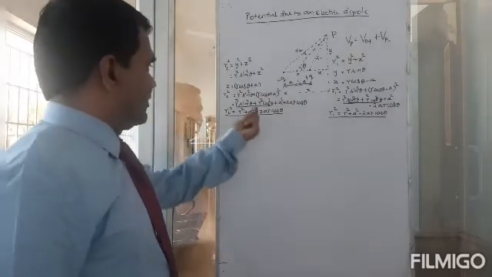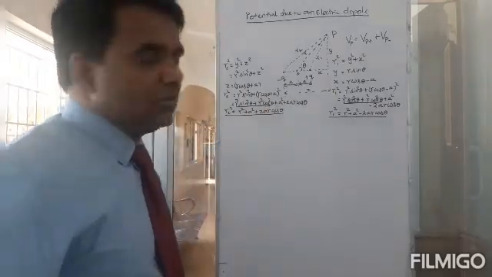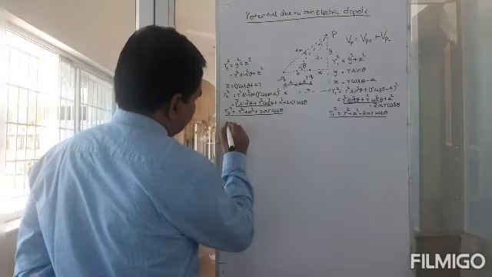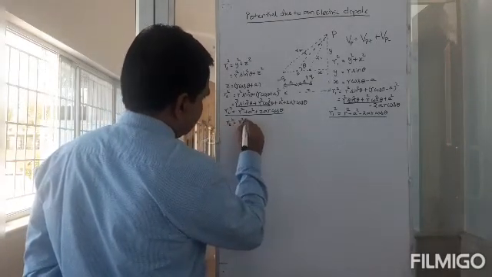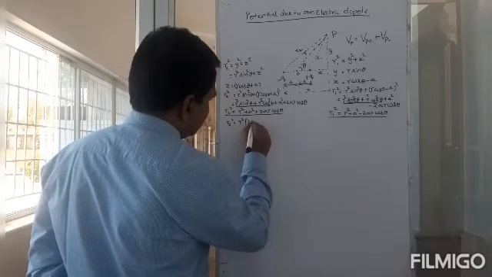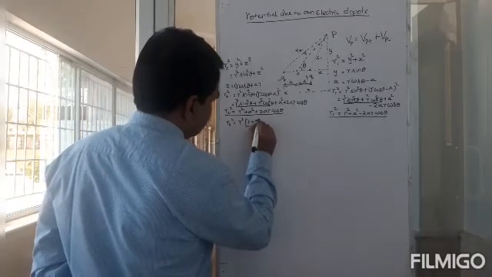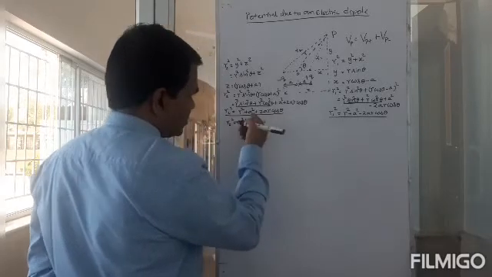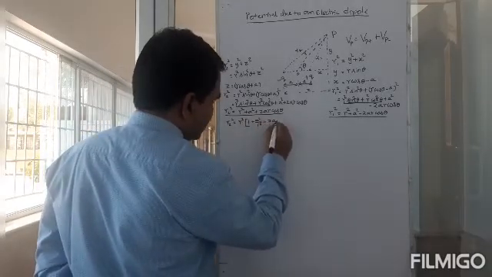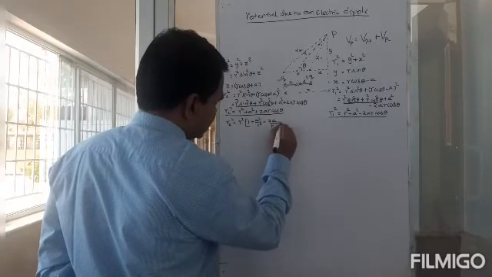I'll take r squared out, so r2 squared is equal to r squared times 1 plus a squared by r squared plus 2a by r cos theta.